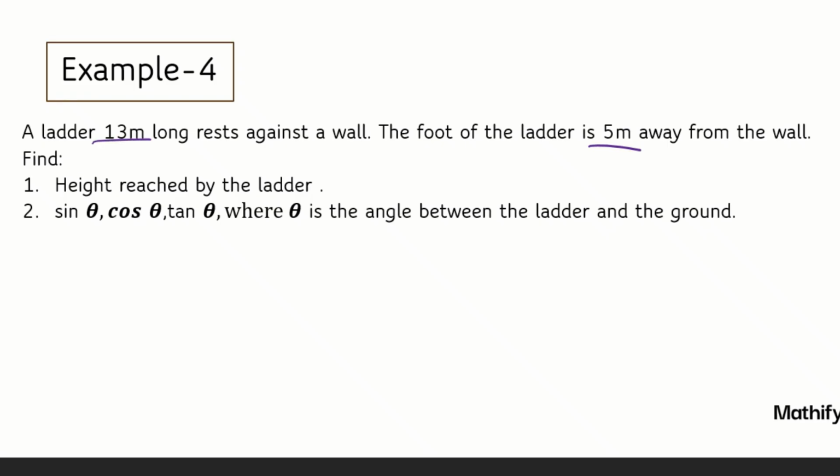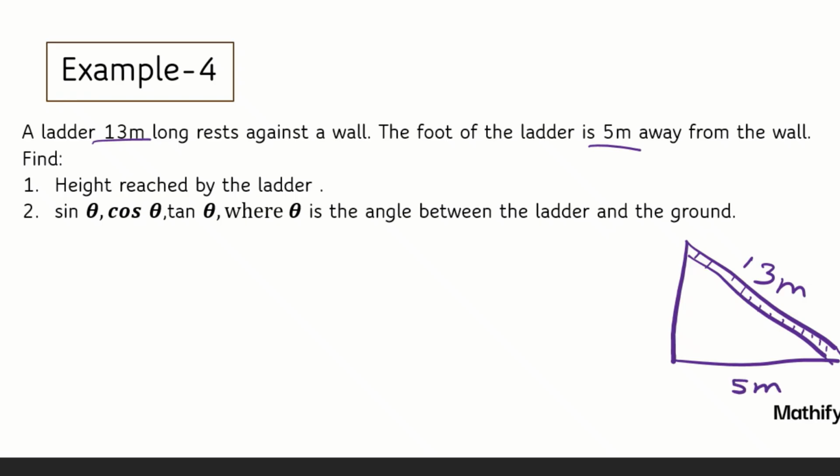So let this be the wall and this is the ladder which rests against the wall. So this is 13 meter long. The foot of the ladder is 5 meter away from the wall. This is the foot and this is 5 meter away from the wall. So this is 5 meter.